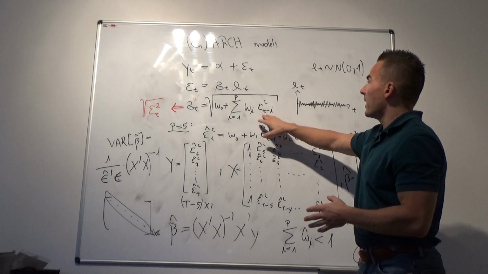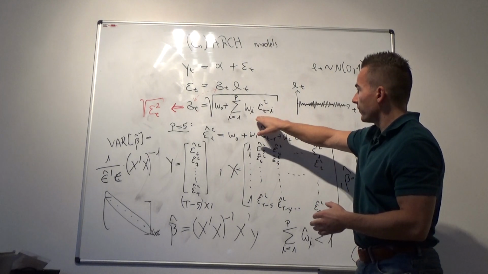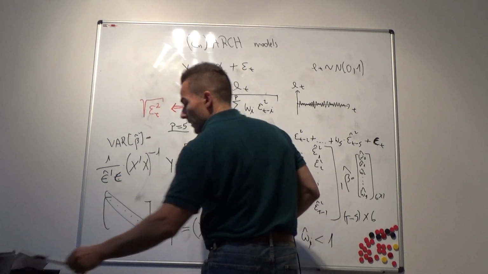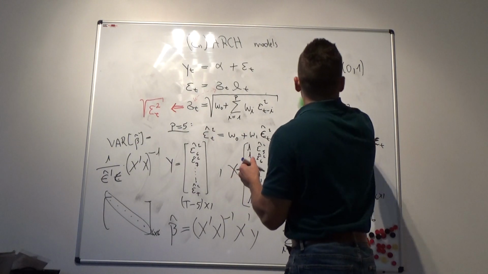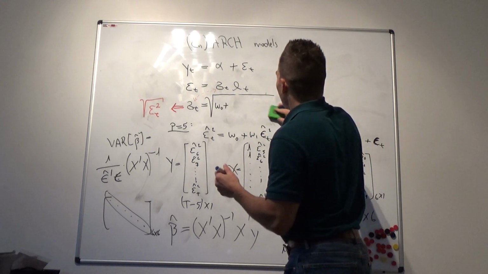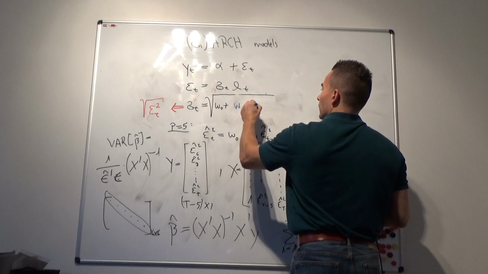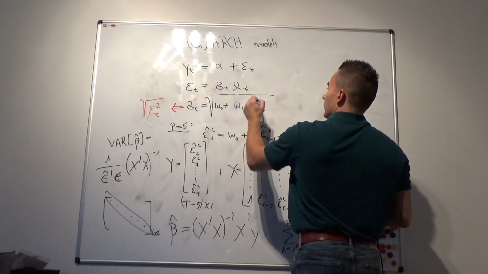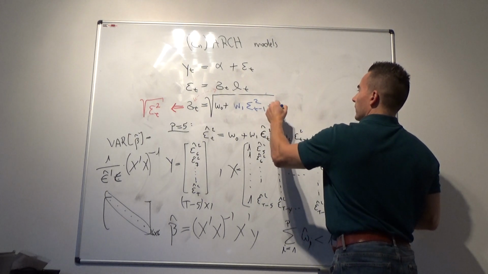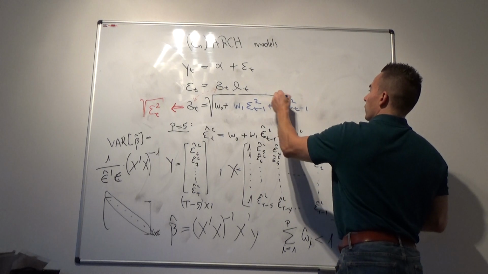Instead of having many lags, in the GARCH 1,1 model we have only one lag, so we have alpha 1 times epsilon squared t minus 1, plus, let's call it beta, times sigma squared t minus 1.